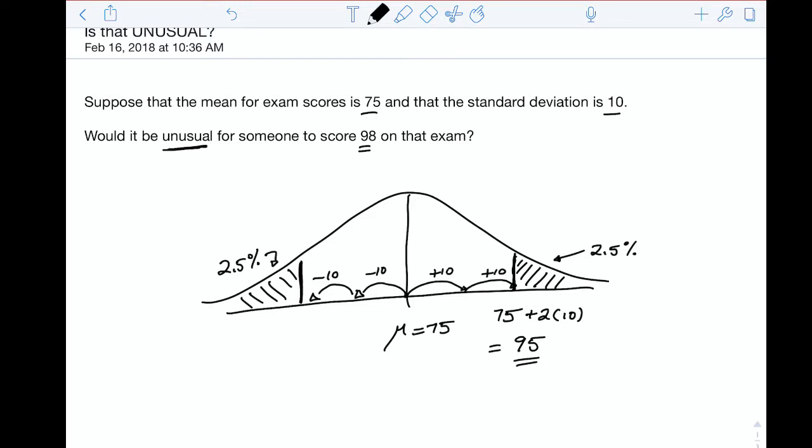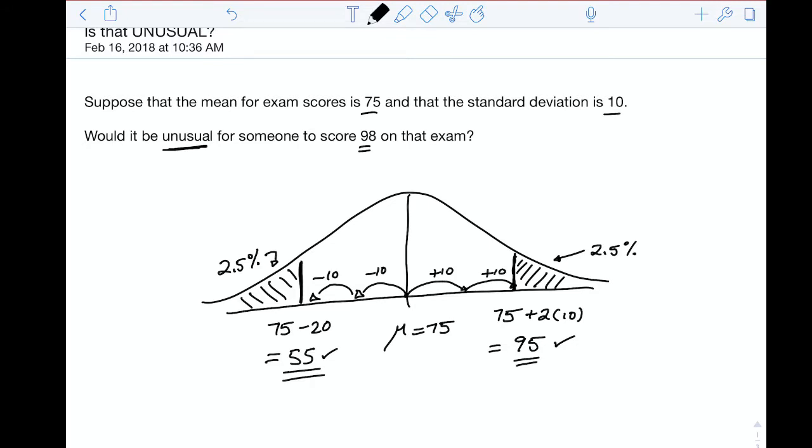So that means take the mean of 75 and then subtract 20, since it's subtract 10 twice, so in other words 55. So anybody that would score below 55, that's unusually low. Anybody that scores above 95, that's unusually high. So these are the two cutoffs for what's considered unusual.